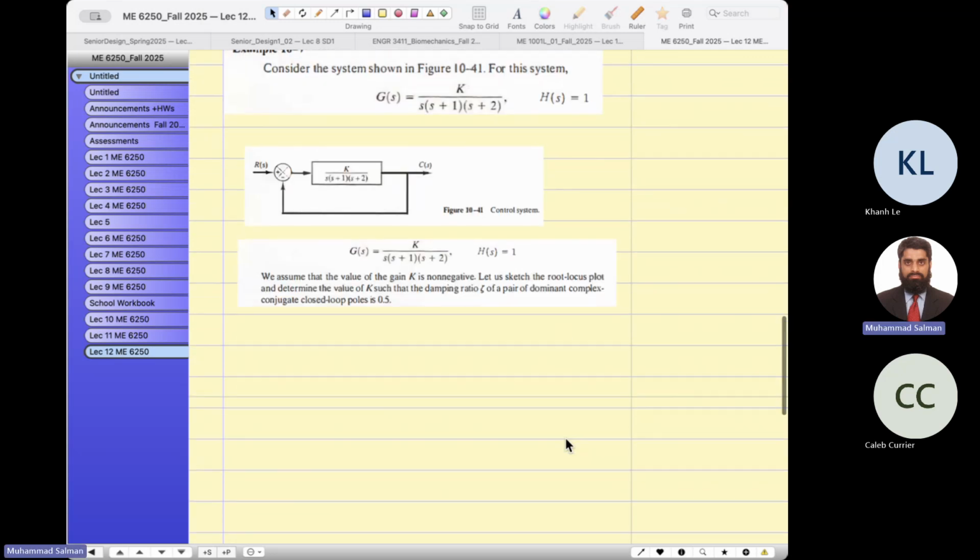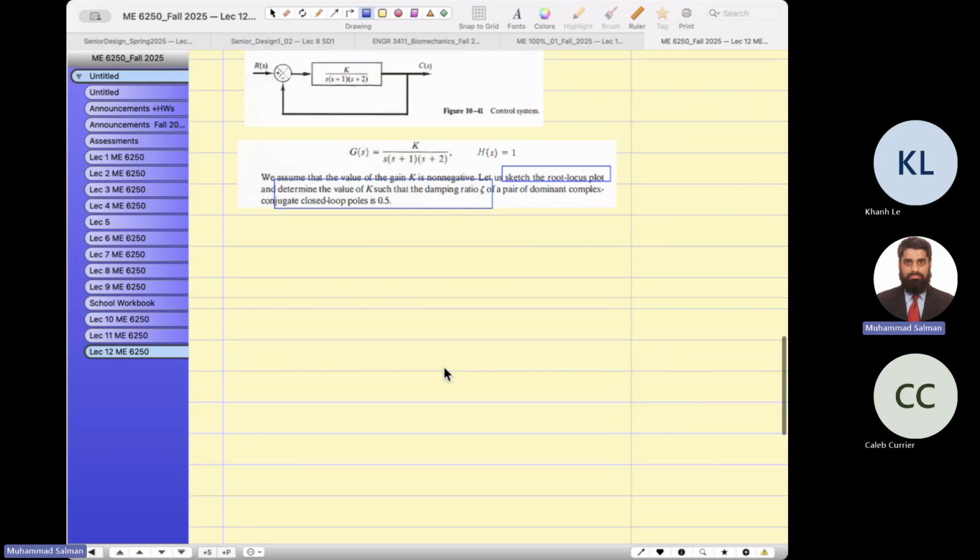The question is to draw the root locus. First of all, sketch the root locus plot and determine the value of gain K such that the damping ratio of the dominant complex conjugate closed loop poles is 0.5.